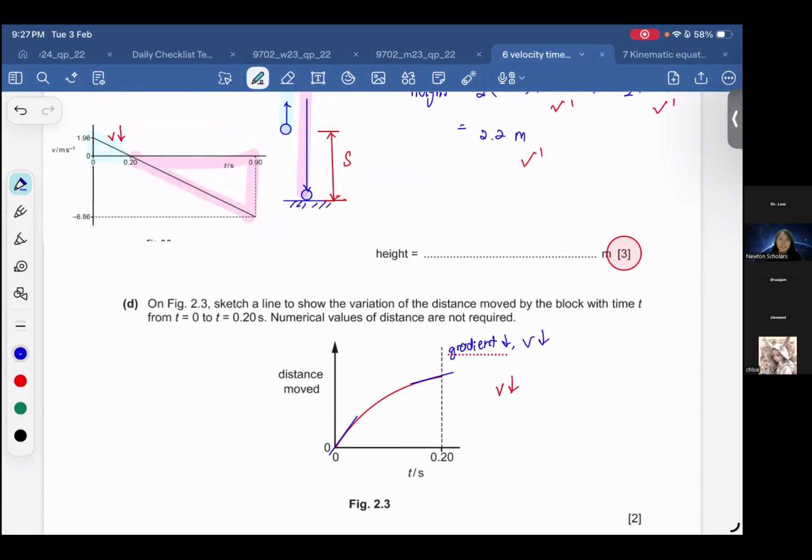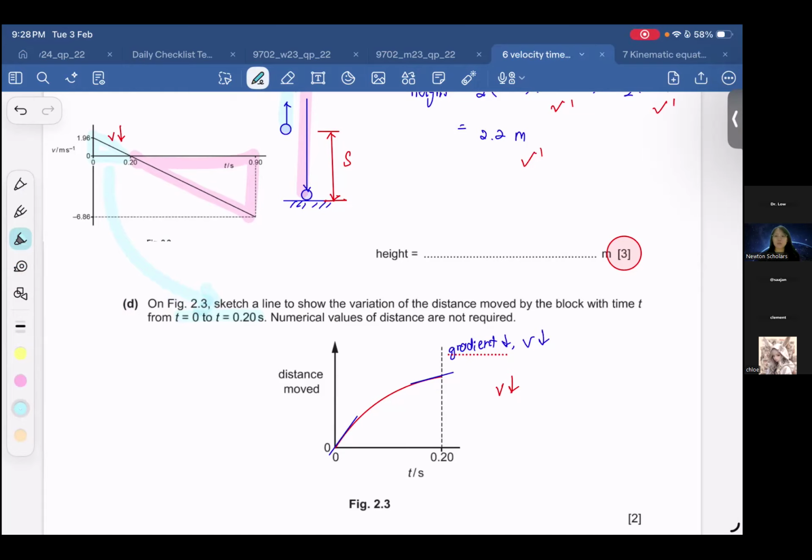They want you to interpret the motion and then sketch the distance time graph. Okay, so this one is only the blue color region. They are asking you for the blue color region. This is this region, t equals to 0 to t equals to 0.2.